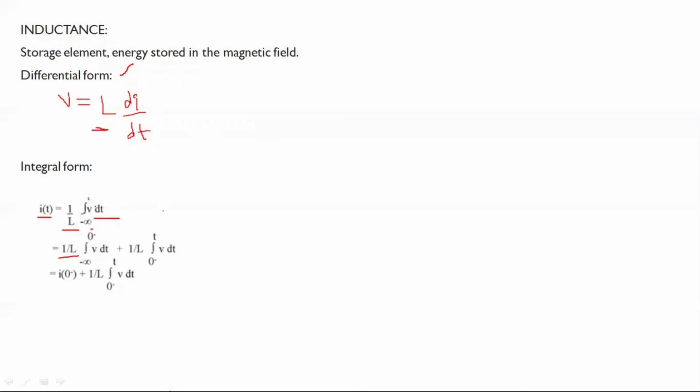If we integrate from 0 to T, where T is the time required, V dt plus I0. I0 is the inductor current at T is equal to 0. Stored energy, finite energy, is W is equal to half L I squared joules.